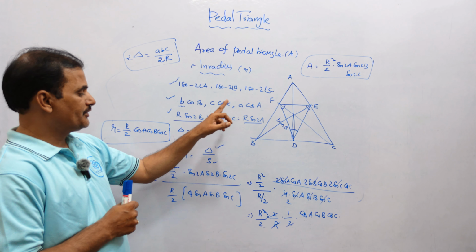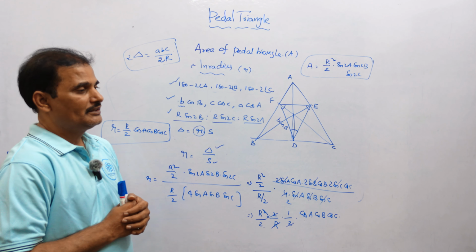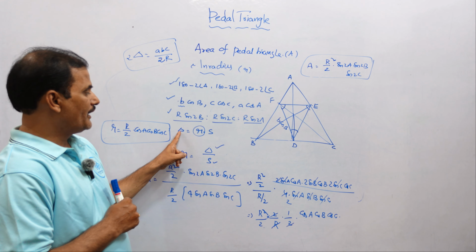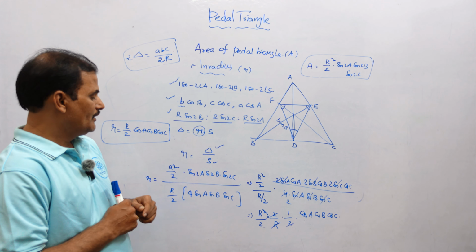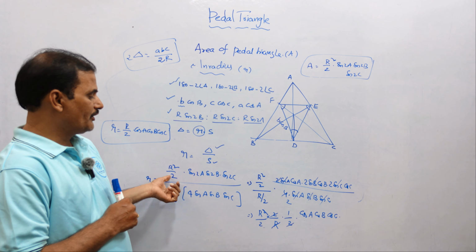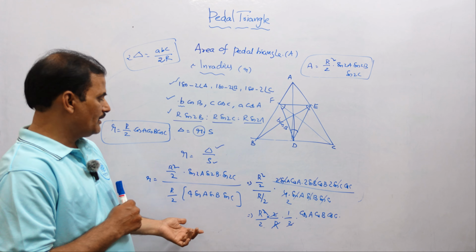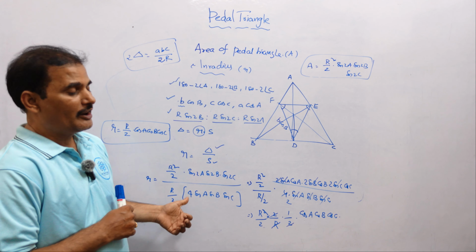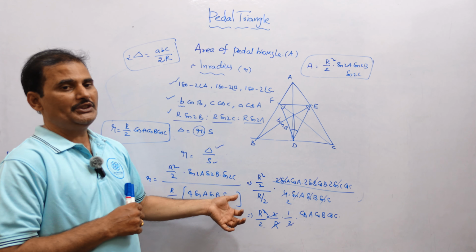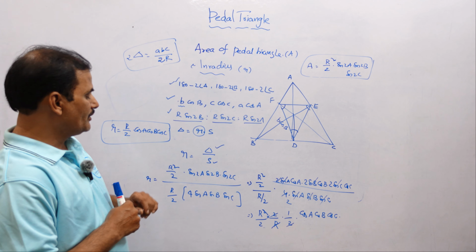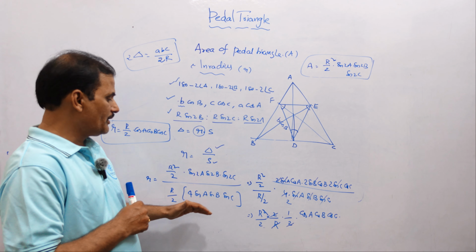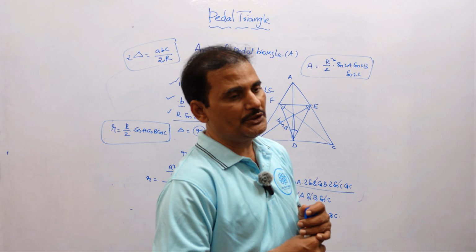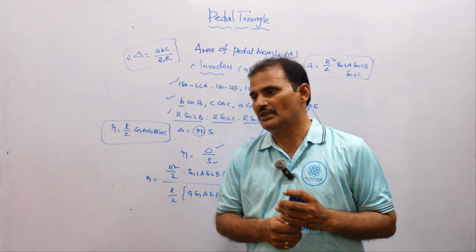By using r is equal to delta by s, with the semi perimeter R by 2 into 4 sin A, sin B, sin C, finally we obtained r is equal to R by 2 into cos A, cos B, cos C.